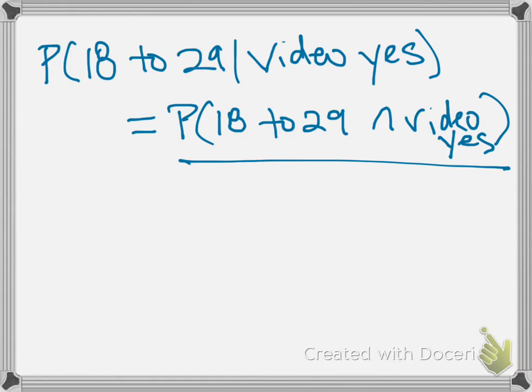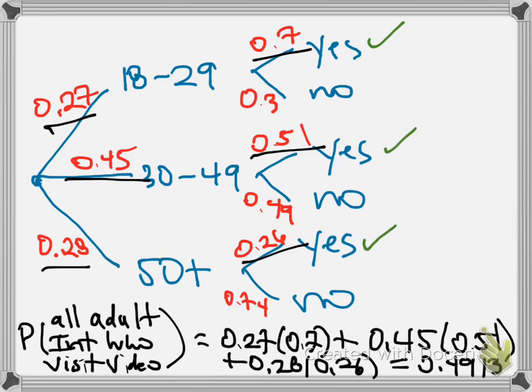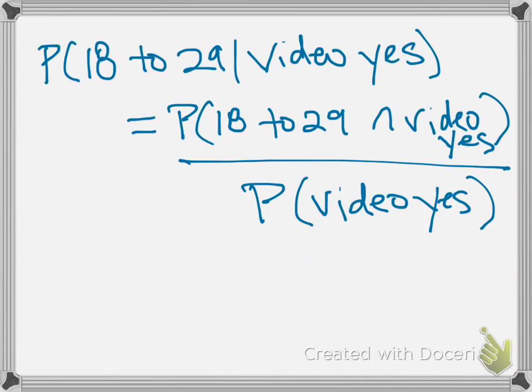And then we're going to divide that by the probability of any adult answering yes to having visited a video sharing site on the internet. Now that last probability in the denominator is what we just calculated on the last slide. And that was equal to 49.13%. So we'll be able to just substitute that value in for our purposes in a moment.